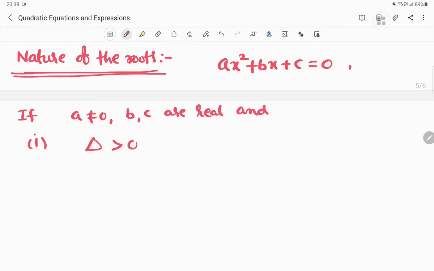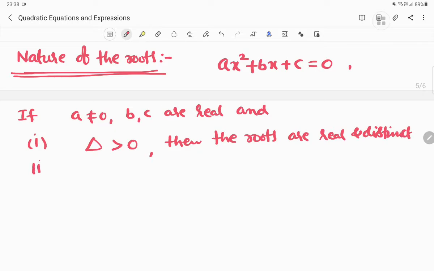If the discriminant of the quadratic equation is greater than 0, then the roots are real and distinct. If delta is equal to 0, then the roots are real and equal.